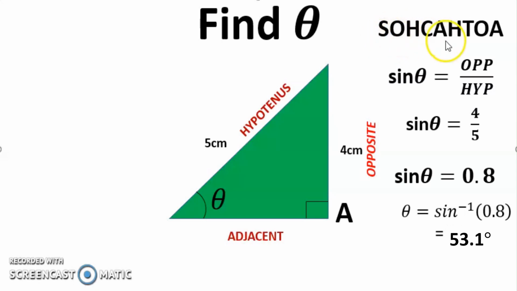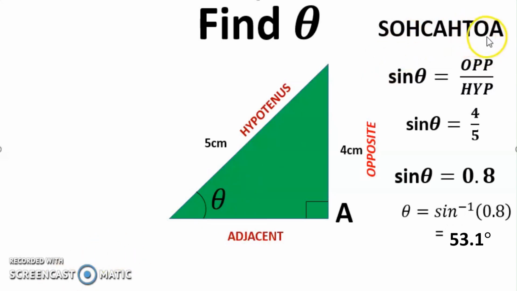The reason why we did not use CAH, which is cosine theta equal to adjacent over hypotenuse, is because we don't know our theta and we don't know our adjacent. We only know hypotenuse. Since we know only one parameter here, it cannot help us to find the value of theta.